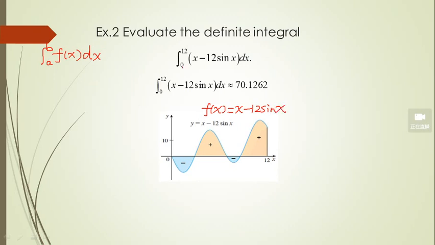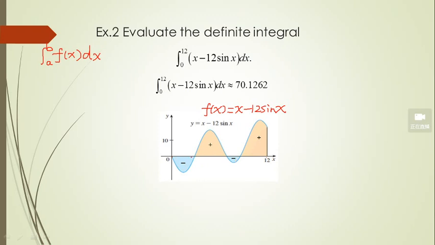So what does this definite integral mean? That means the area under the curve f from 0 to 12. It's showing the curve looking like this. The pink part above the x-axis, the area sign is plus. And the blue part below the x-axis, the area sign is minus.